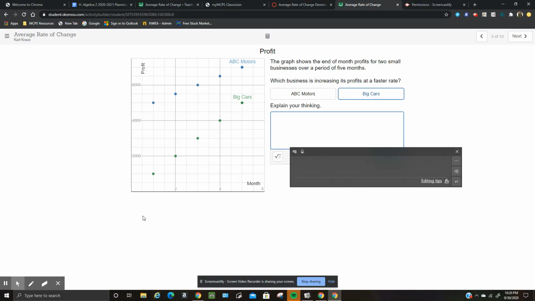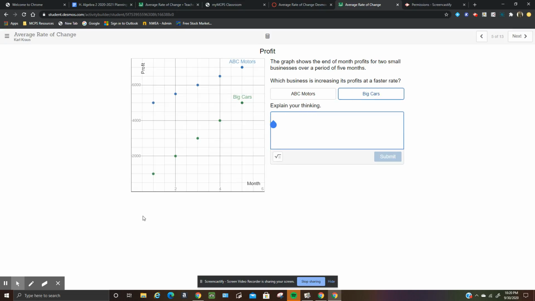I can write that in here. The 1/2 and the rate of change for Big Cars is 1, so 2 over 2 or 1.